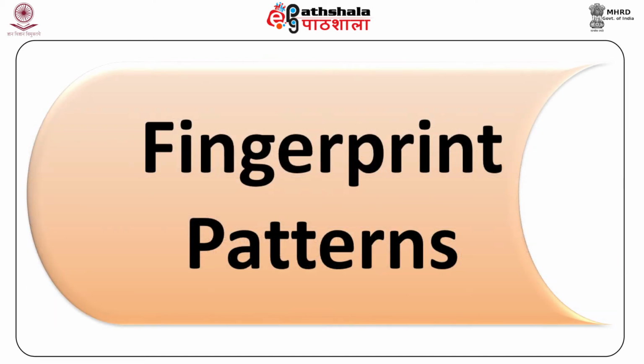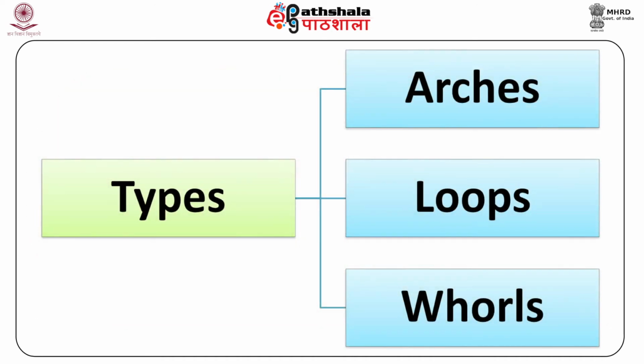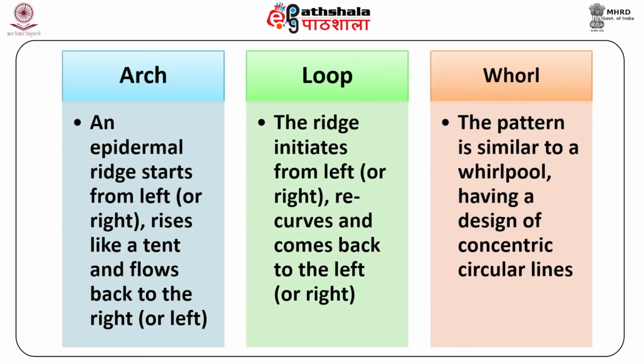Now let us learn about fingerprint patterns. There are three broad patterns of fingerprints, that is, the arcs, loops, and the whorls. In an arc pattern, an epidermal ridge starts from left or right, rises like a tent, and flows back to the right or left. In a loop, the ridge initiates from left or right, recurves and comes back to the left or right.